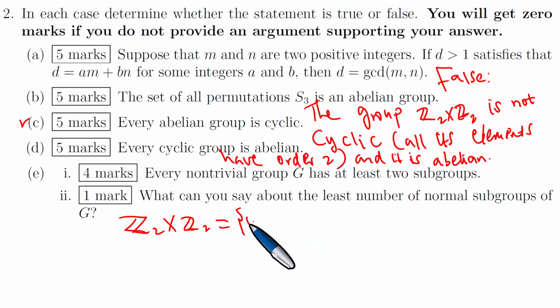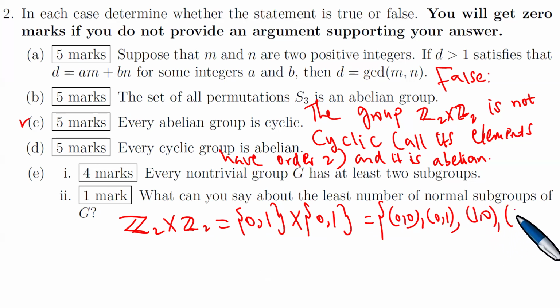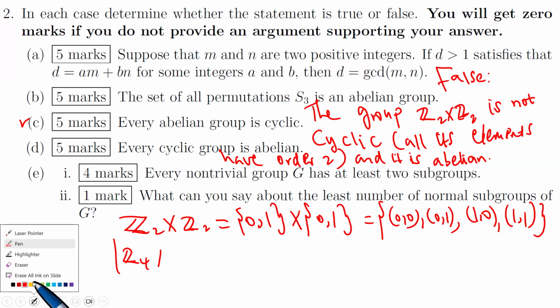So this one is 0, 1 cross 0, 1. The Z2 is 0, 1. To generate all the elements, you pair them: 0, 0, 0, 1, and then 1, 0, 1, 1. You can see that this group is of order 4, Z2 cross Z2.